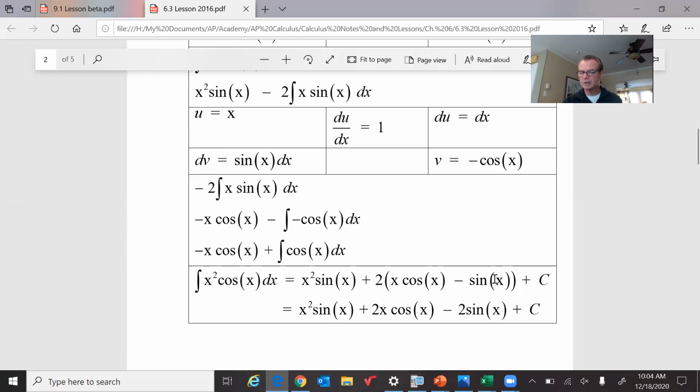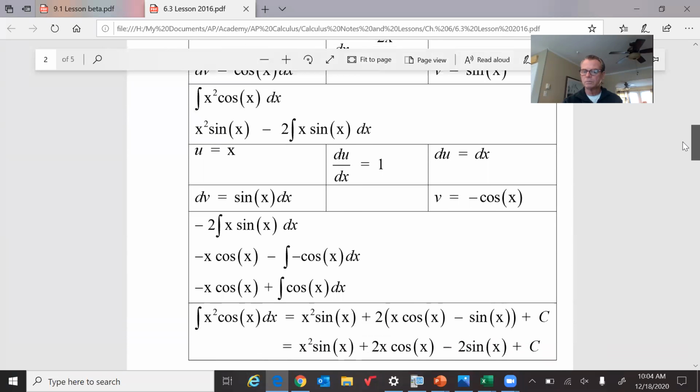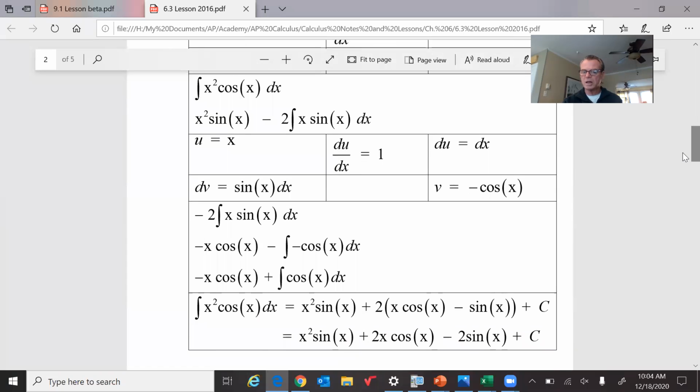So you subtract sine x plus the constant. Okay, don't forget the constant. This step between here and here, all I did was distribute the 2. You don't need to do that. If this is an FRQ and you left it like the top one, it's 100% correct. Okay, now, so that's it for the alpha lesson.